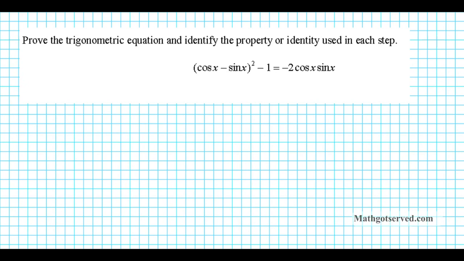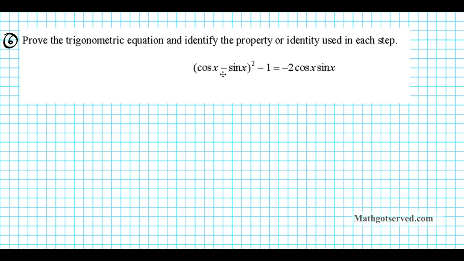All right, let's take a look at question number 6. Question 6 says prove the trigonometric equation, identify the property or identity used in each step. All right, so let's take a look at this. First thing we can notice is that this quantity is being squared, cosine x minus sine x.